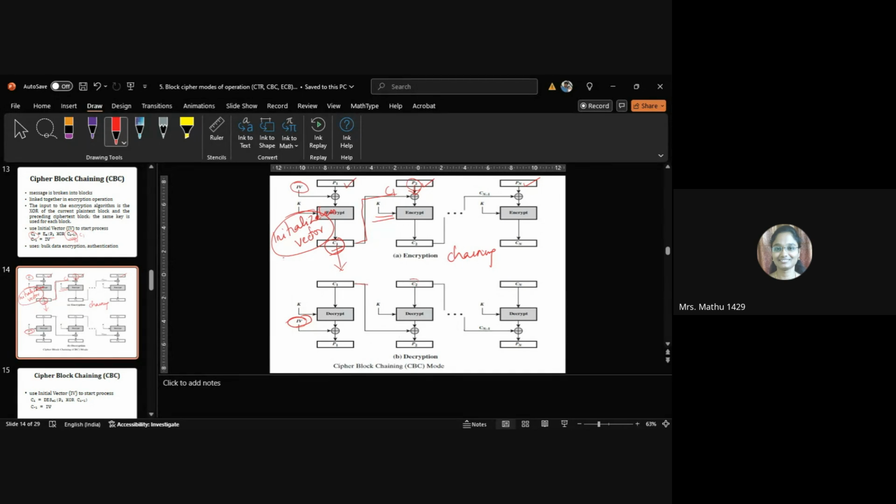So the second ciphertext block is decrypted using the key, and the result should be XORed with the previous ciphertext, so that you will be getting the plain text block. This process repeats till the last ciphertext block, so that you will be getting all the plain text blocks. So this is the cipher block chaining or CBC mode.